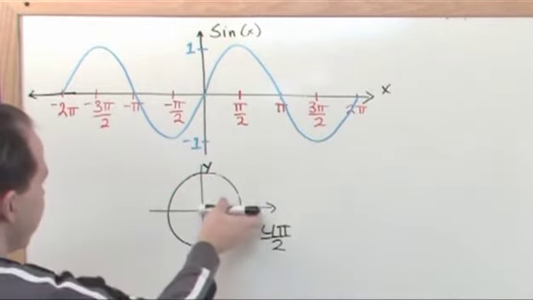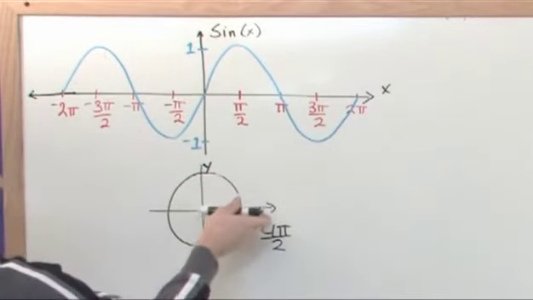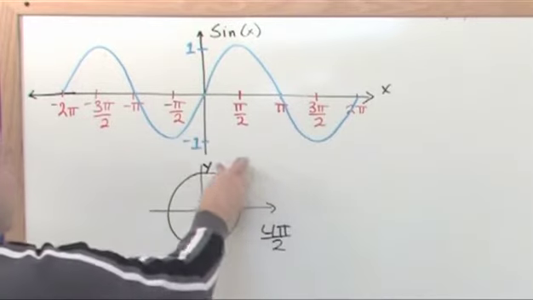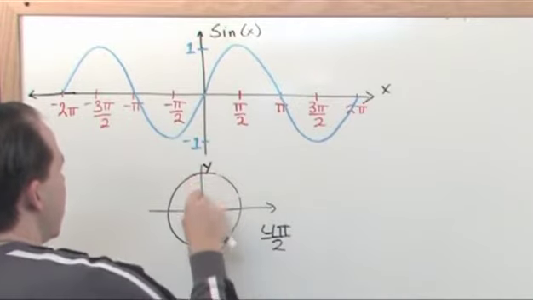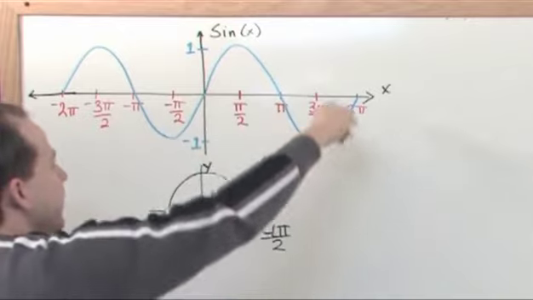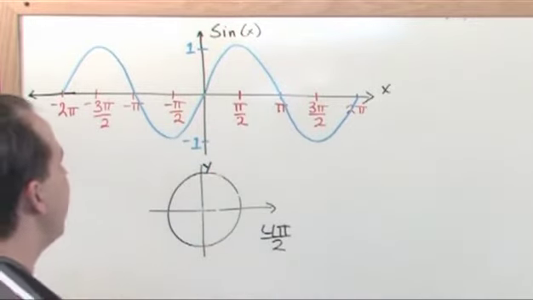When you're at 0 radians, the sine is 0 because there's no projection on the y-axis. As you make your way over to pi over 2 radians, the projection all lies along the y-axis, so it's equal to 1. And as you turn around the circle, the projection along the y-axis changes.